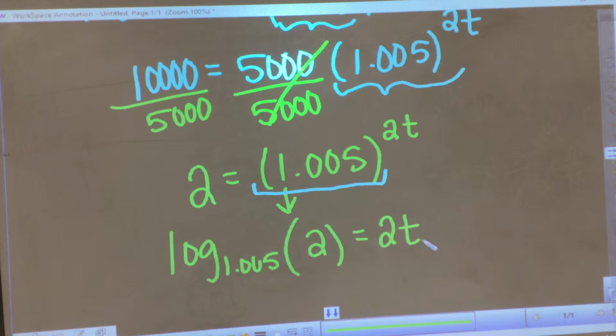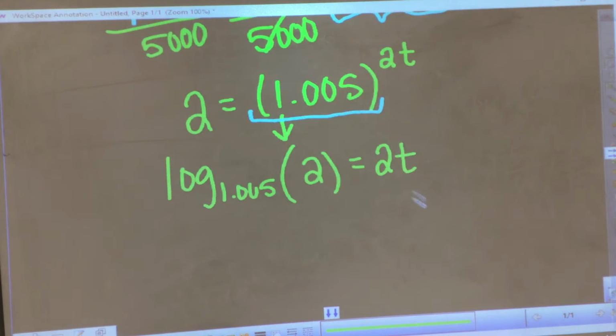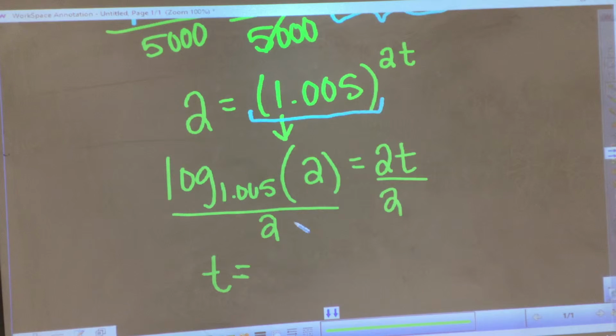Okay, now our goal is to get t by itself so we can figure out what time is. So we got one more step, divide everything by 2. Okay, now using our calculators, we're going to figure out what this decimal is. 69.49.